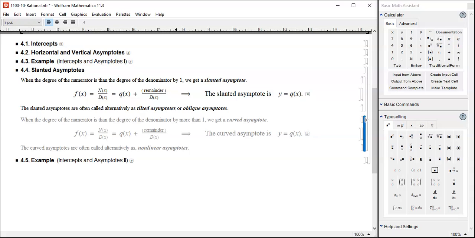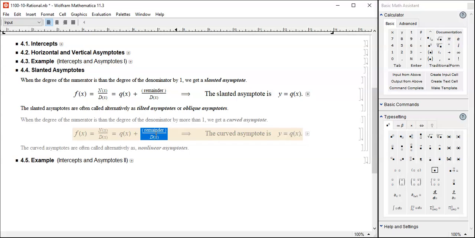We do the polynomial division, and the remainder over the denominator goes down to 0, because when x becomes humongous, the numerator of this fraction, the remainder, has degree strictly less than the degree of the denominator. So this original rational function and the quotient polynomial will behave pretty much the same way.